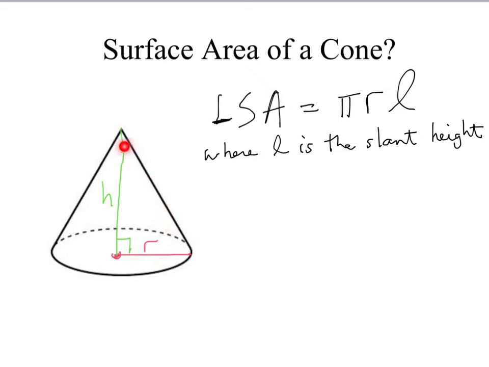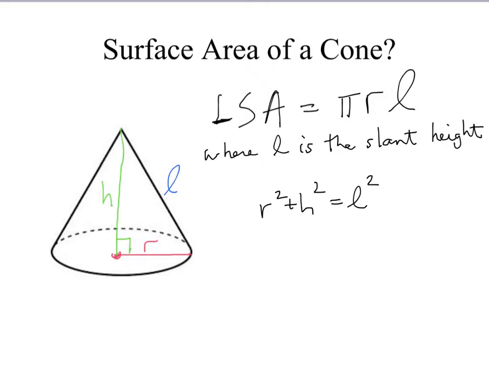This distance has a name, the slant height. You will notice that the slant height is the hypotenuse of a right triangle, so I can always set up a true equation using Pythag.